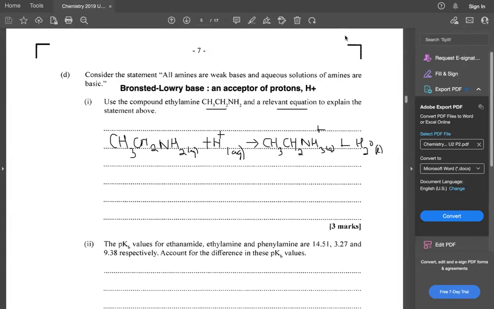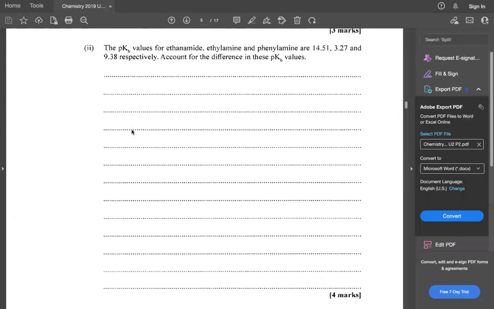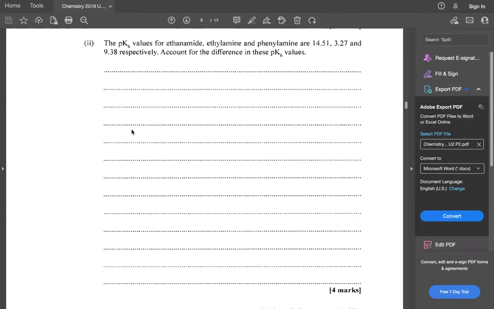So I'm just going to clear that and then scroll up to part 2, which says that the pKb values of ethanamide, ethylamine, and phenylamine, right, are 14.51, 3.27, and 9.38 respectively. And they're saying account for the differences in these pKb values, right?